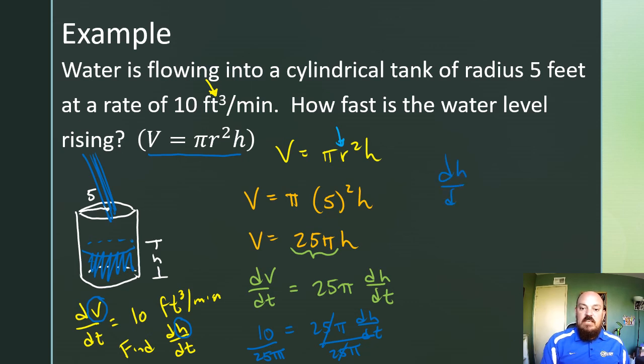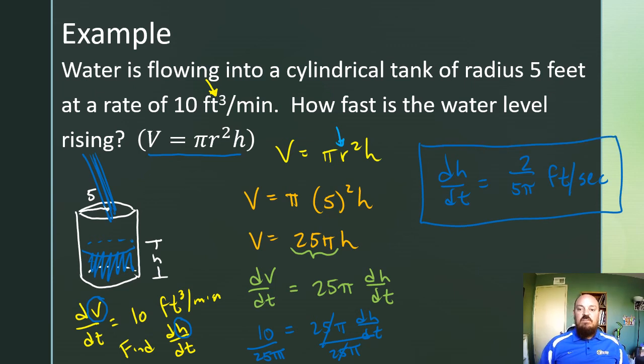What we get for dH dt is, you can leave it as a fraction, or you can type it into a calculator and get a decimal. It's really fine either way. I'm going to reduce it by 5 and call it 2 over 5 pi. Now for units, it's height, which is a single linear unit. We were measuring in feet, and measuring time in seconds. So for my final answer, I'm going to say 2 over 5 pi, and my answer is in feet per second.